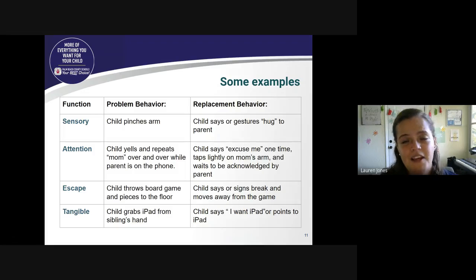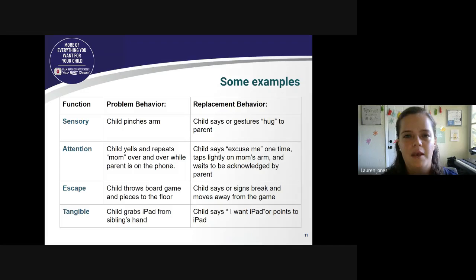For attention, your kid wants your attention. You're on the phone and they're yelling, "Mom, Mom, Mom," over and over again. Instead, we can teach them, if you want my attention, you can say, "Excuse me," or you can tap me lightly on the arm and wait until I acknowledge you. For escape, a child's frustrated and doesn't want to be a part of the game anymore.